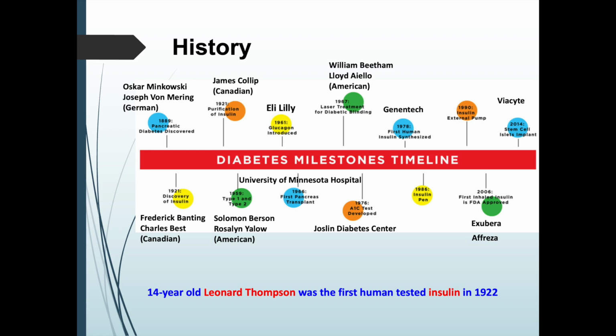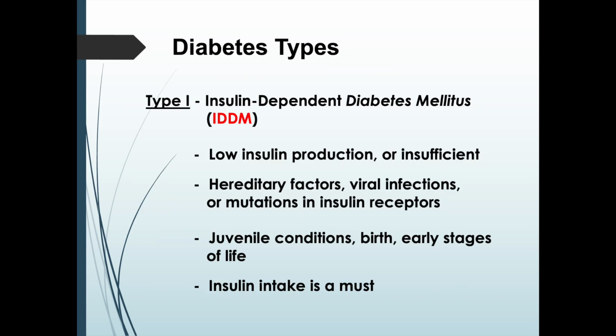Only then did they come to know that insulin is the main hormone that can control blood sugar levels, or control diabetes. In this slide I show that diabetes is of two types.